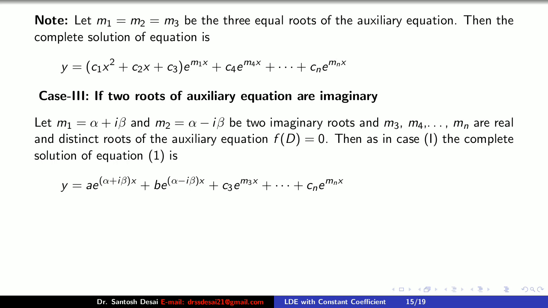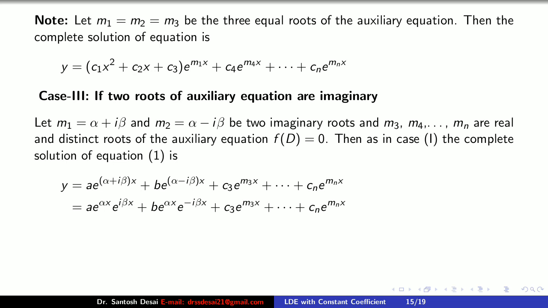Now we simplify the first two terms. e^((alpha + i beta)x) can be written as e^(alpha x) into e^(i beta x). Similarly, plus b e^(alpha x) into e^(-i beta x), and the remaining terms are as they are.